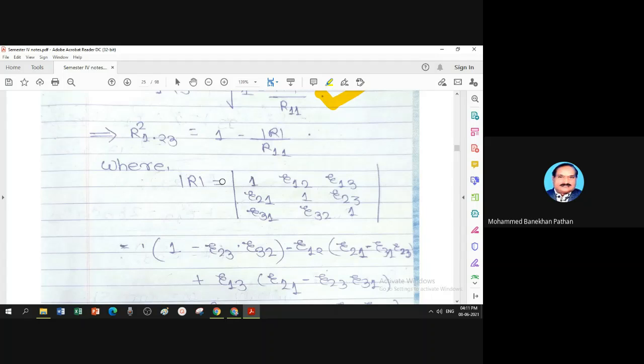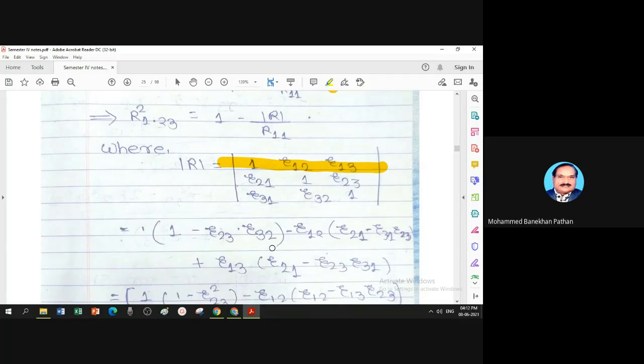I solve the determinant by taking the first row. So the first value is 1, in brackets the determinant after dropping the first row and corresponding column. So the determinant of this is 1 minus the square of R23, minus the second element R12, dropping the respective column and respective row.